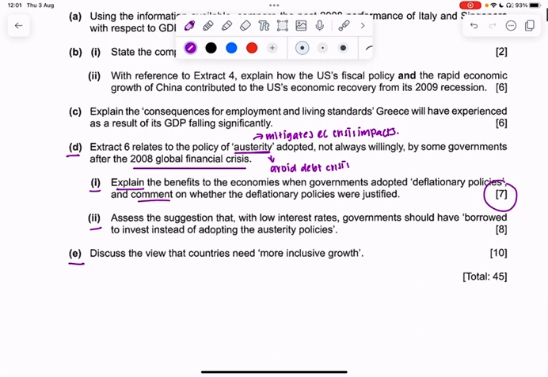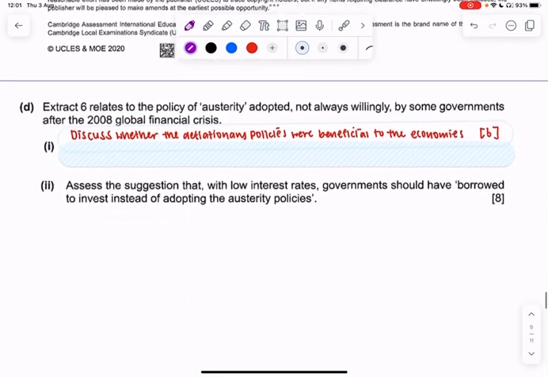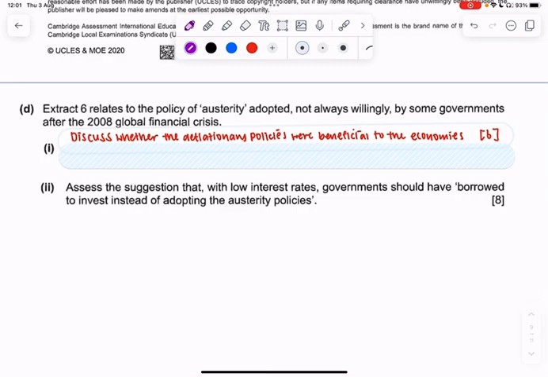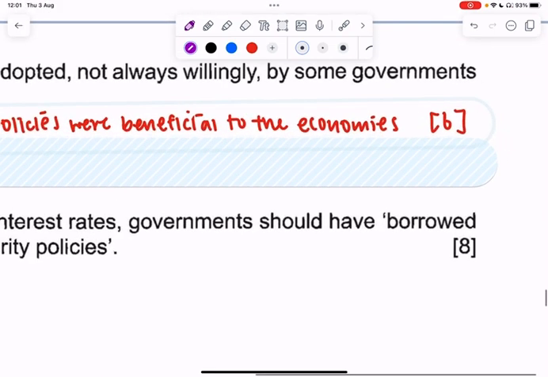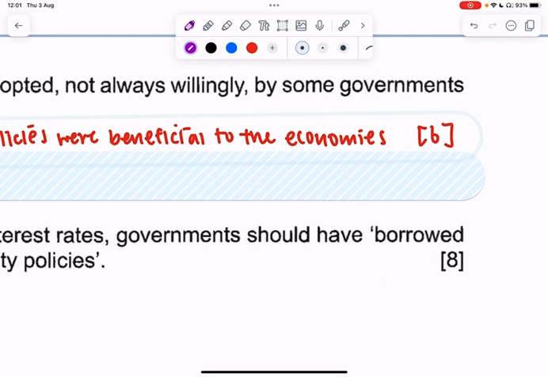When we look at D part 1, discuss whether the deflationary policies were beneficial to the economies. First, when we do such higher order thinking questions, we must always think from the perspective of the examiner. What do they require? We know that our content marks, our L marks, will be worth 4 marks in this 6-mark question, and our evaluation marks will likely be worth 2 marks.